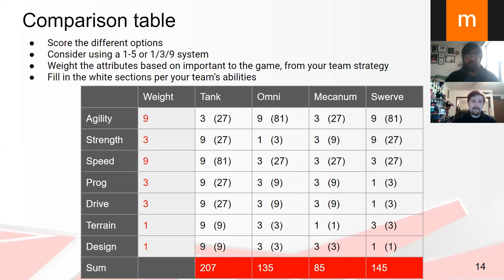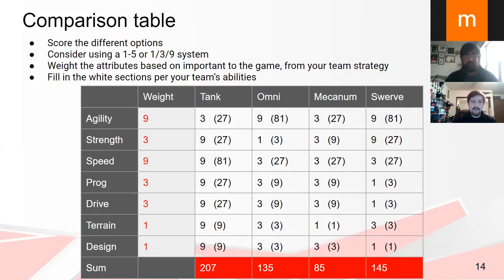for each of the designs that you are considering, you grade each one of them, again, in whatever scale you want. This one is 1 through 9, or 1, 3, and 9. So for a tank drive, it has lower agility, so it's 3, but it has high strength, speed, programming, drive terrain, and design, so it has 9s on everything else.